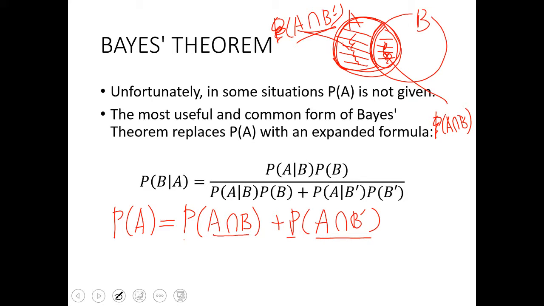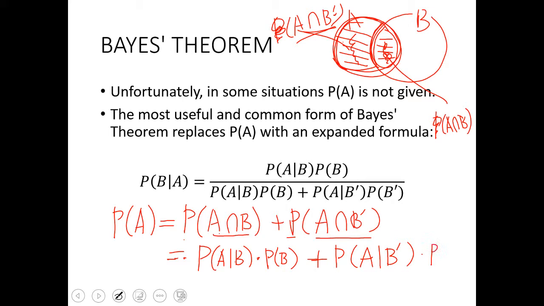Then probability of A intersection B is the probability of A given B times probability of B, and probability of A intersection B prime is the probability of A given B prime times probability of B prime. So please check the definition of conditional probability.